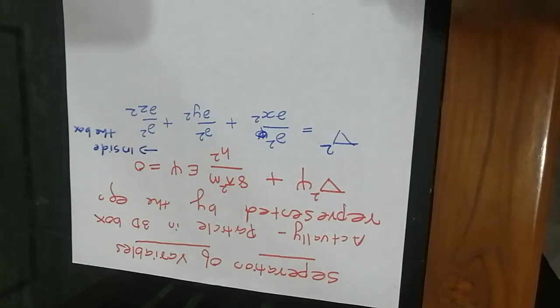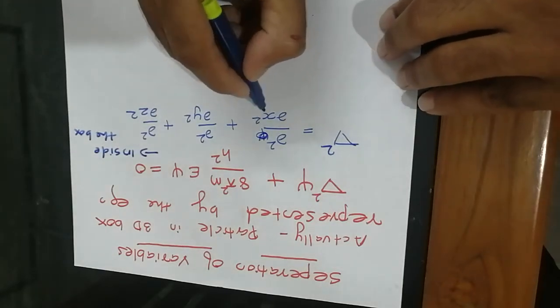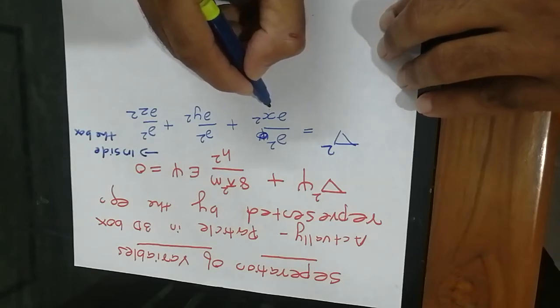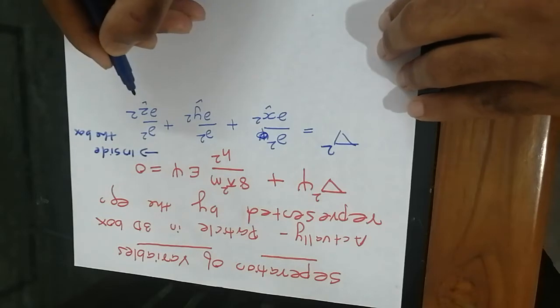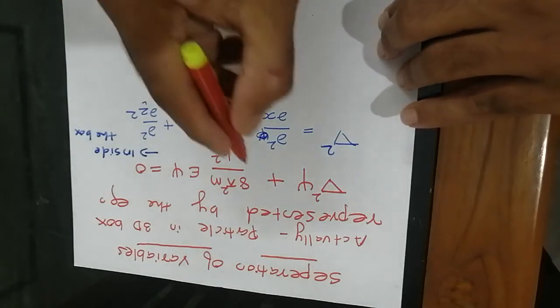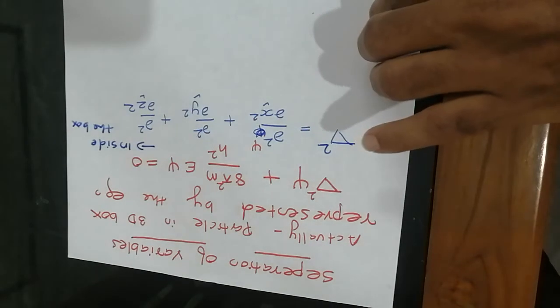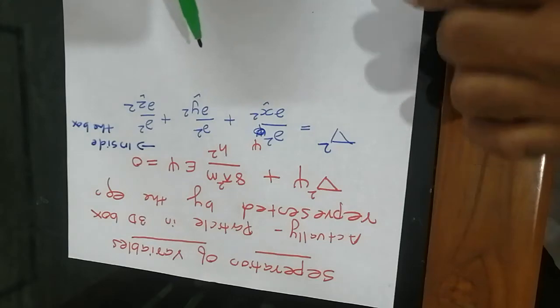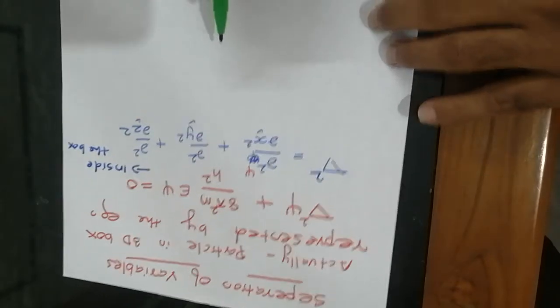What does this mean? In this operator, the function is varying with x, y and z simultaneously. Therefore, psi is varying with x, y, z simultaneously. This is a very difficult situation.